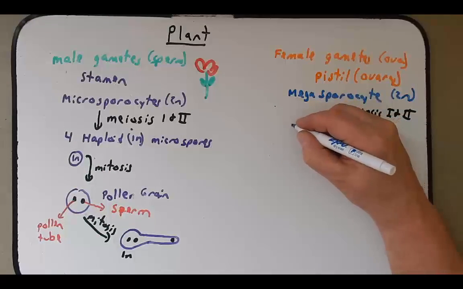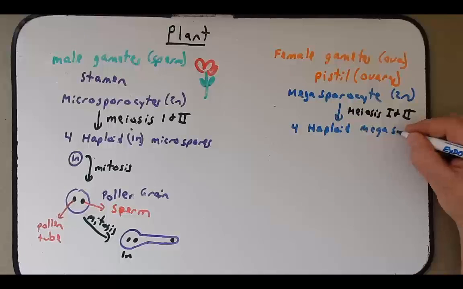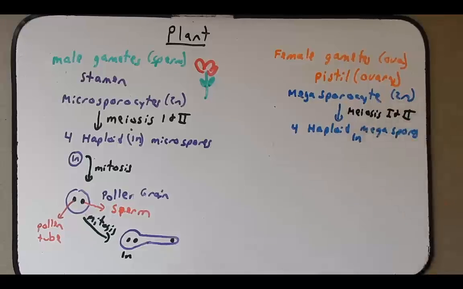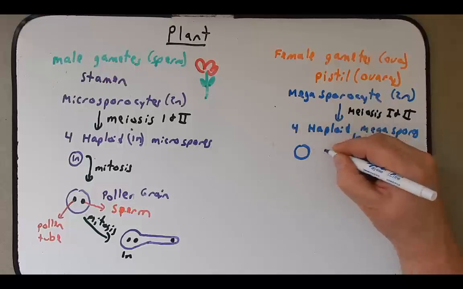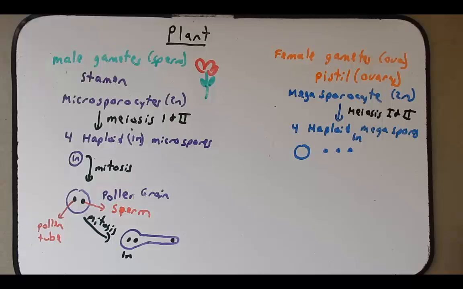And as a result, we make 4 haploid megaspores. So they're all 1N. Now this is similar to what we see in animals, in that only one of these will be large enough to survive. The others are small, like the polar bodies we saw in animal oogenesis.